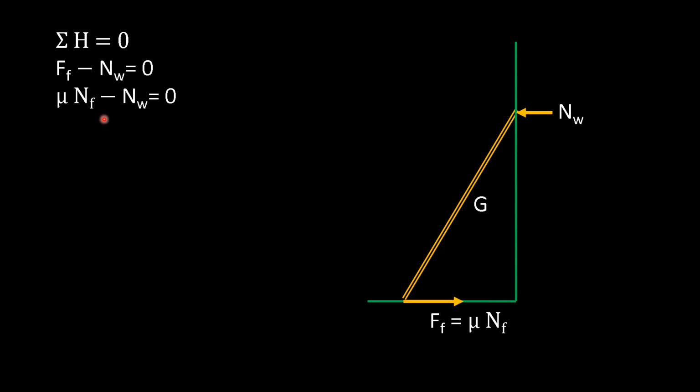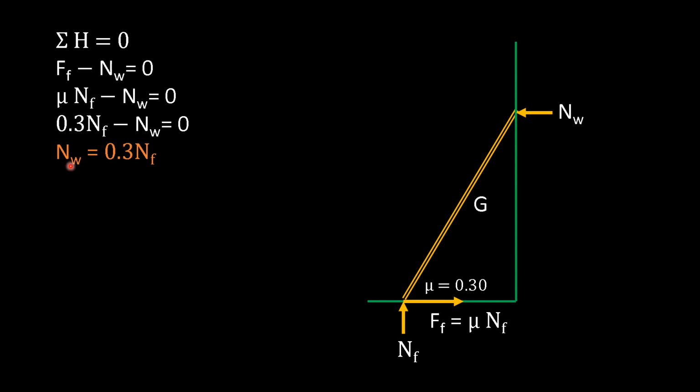FF is mu NF minus NW equals 0. Mu is given to be 0.30 and NF is normal reaction by the floor on the bottom of the ladder. So mu NF becomes 0.3 NF. That gives us NW equals 0.3 NF.